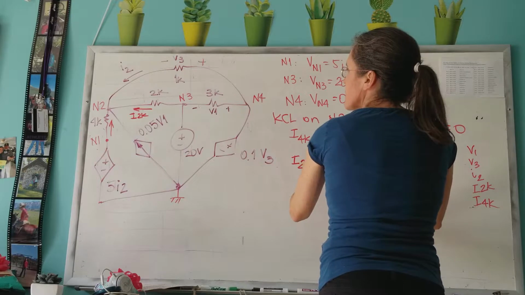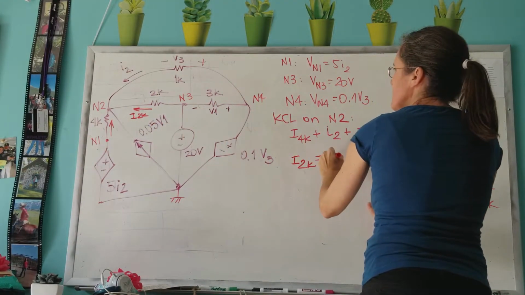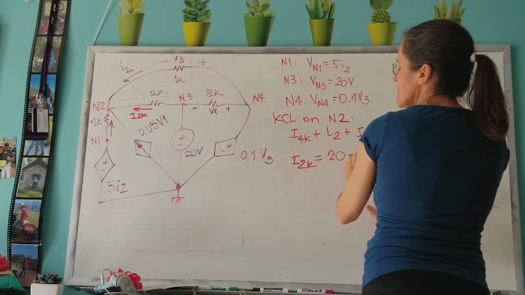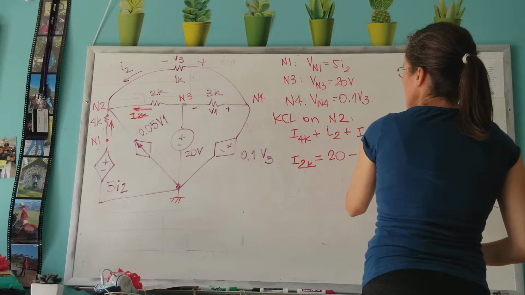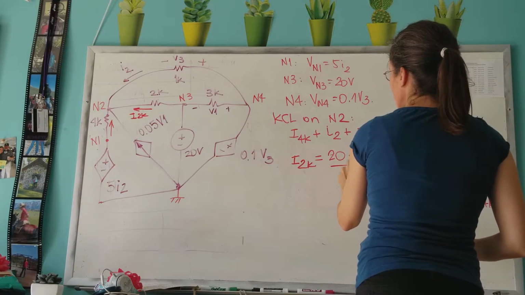following what nodal analysis usually does, which is if I2K is going that way, I'm going to say it's 20 volts minus the voltage on node 2 divided by 2K.